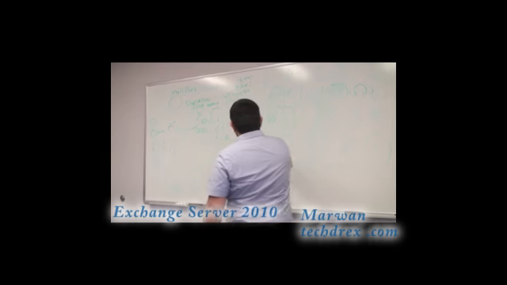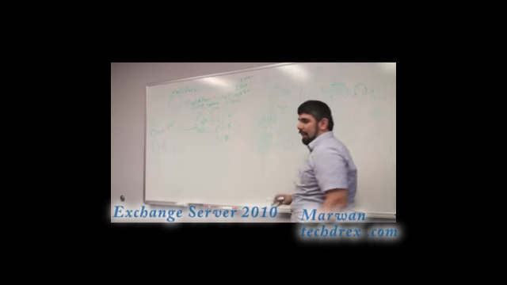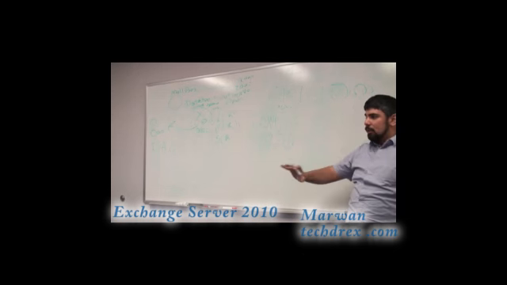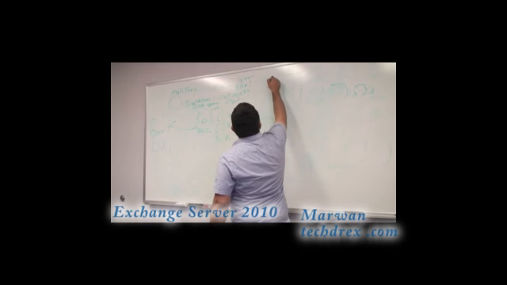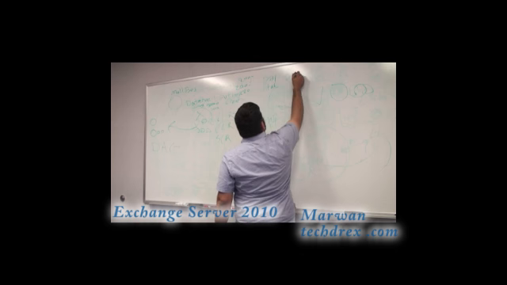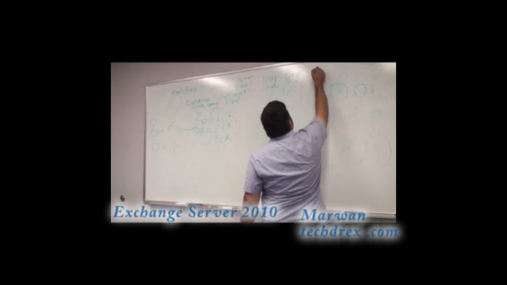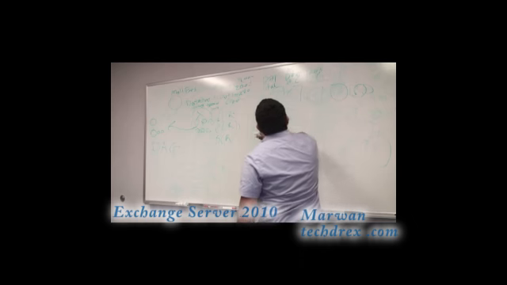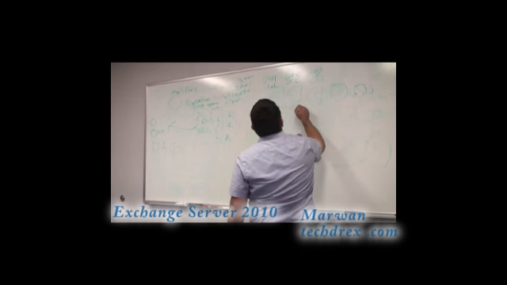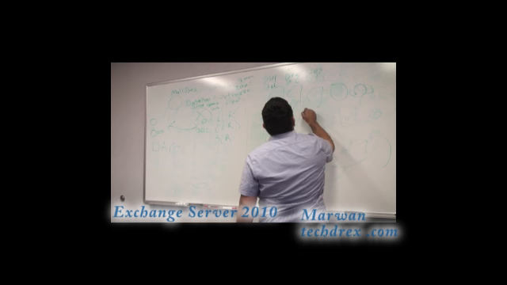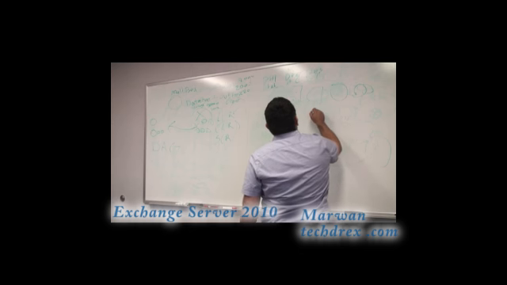You can have as many databases as you want, distributed. On the first server, you can have DB1 active, DB2 active, DB3 passive. Then on server 2, DB1 passive, DB2 passive, DB3 passive.